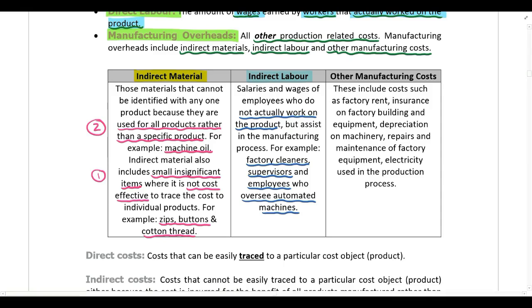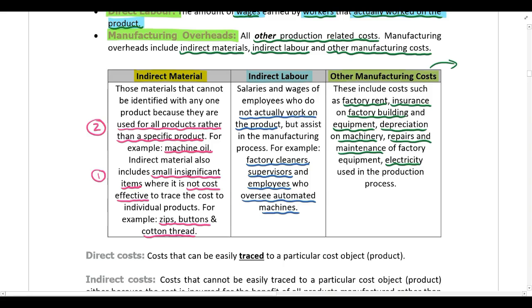And your other manufacturing costs includes all other factory-related expenses. So things like factory rent, insurance on your factory building, insurance on factory equipment, depreciation on machinery, repairs and maintenance on your factory equipment, electricity used in the production process, etc. However, it's very important to note that all of these costs are costs that are incurred in a factory.